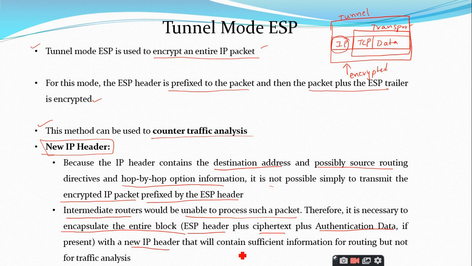This new IP header, which consists of sufficient information for routing, will be delivered to the correct destination. And since you are encrypting the original IP header, traffic analysis is not at all possible for the attacker. This is the advantage we have with the tunnel mode.